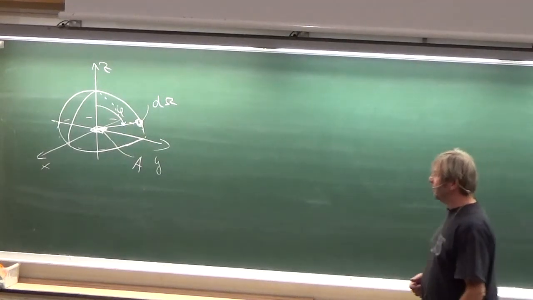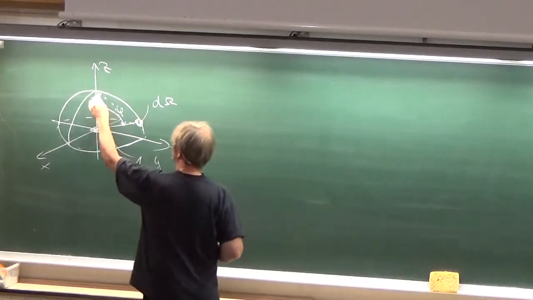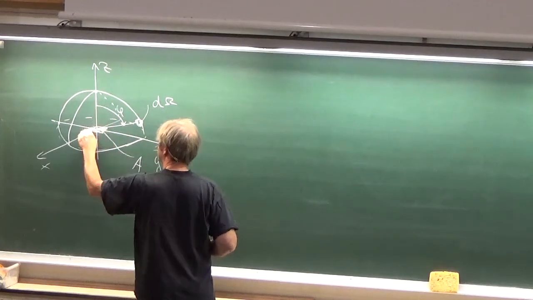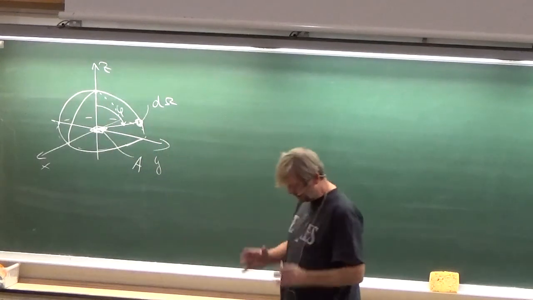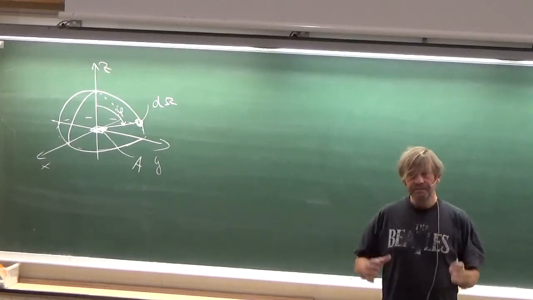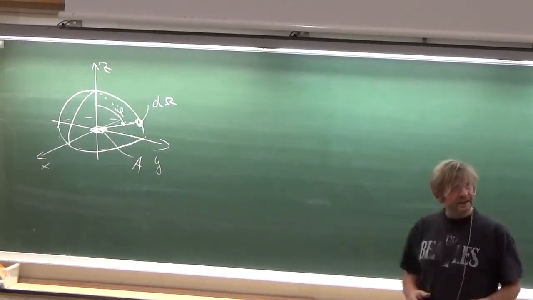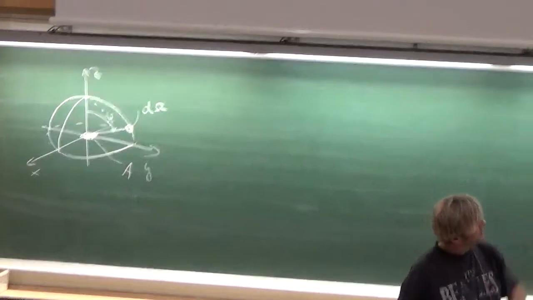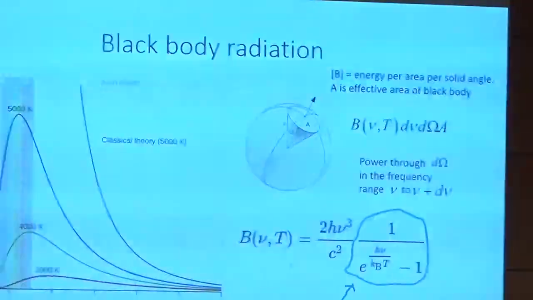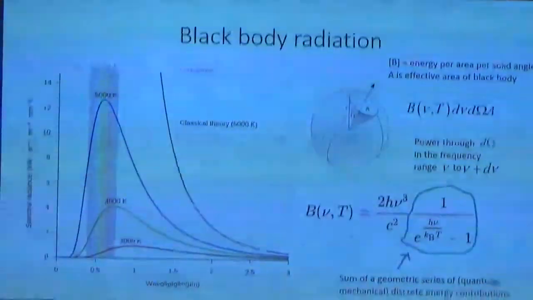And if we view this black body from the North Pole, we will see the full area A, and radiation will be given by that formula for the frequencies.